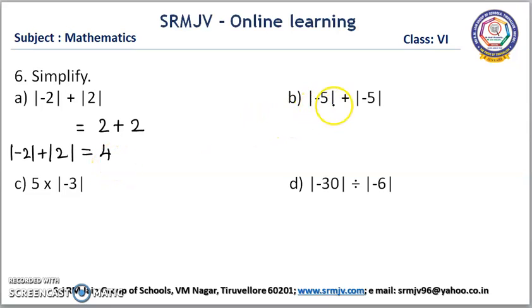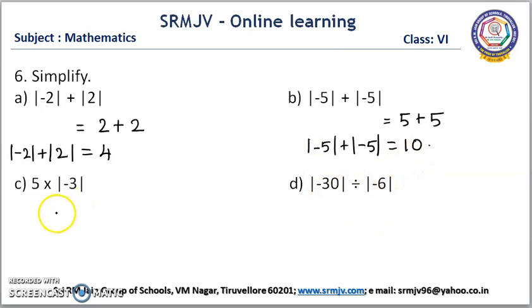The next one, modulus of minus 5 plus modulus of minus 5. Modulus of minus 5 is 5 plus modulus of minus 5 is 5. So, 5 plus 5, 10. Modulus of minus 5 plus modulus of minus 5 is equal to 10.